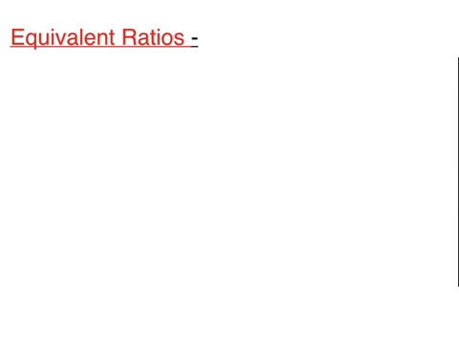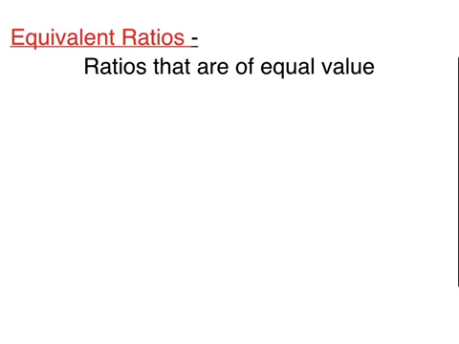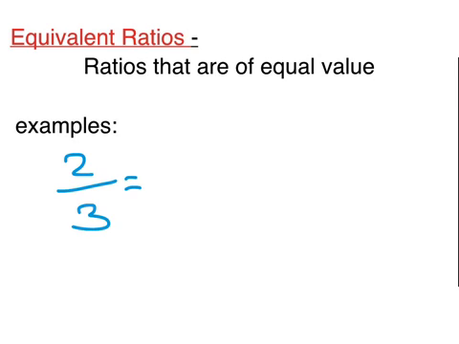Equivalent ratios is the first thing on your notes today. That is a set of ratios that are of equal value, meaning when you reduce those fractions, they are equal to each other. They have the same fraction. Here are some examples. If I have the fraction 2/3, go ahead and write this down, and I multiply 2/3 by 2, I would get 4/6, right?